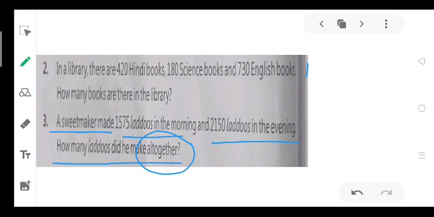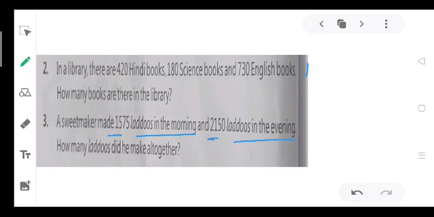Again, this sum is of addition. Now you will think about the meaningful short statement. So you can write in this way: laddus in the morning is equal to this, laddus in the evening is equal to this, and third line, total number of laddus.